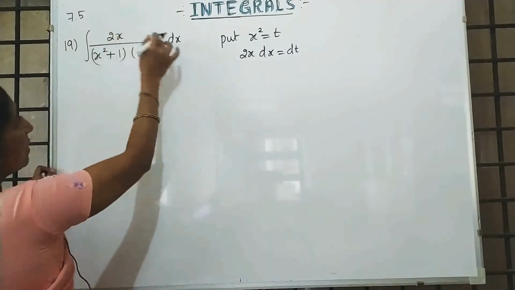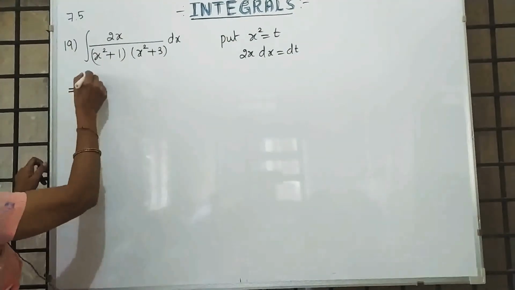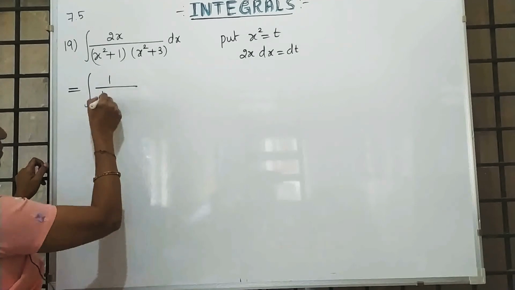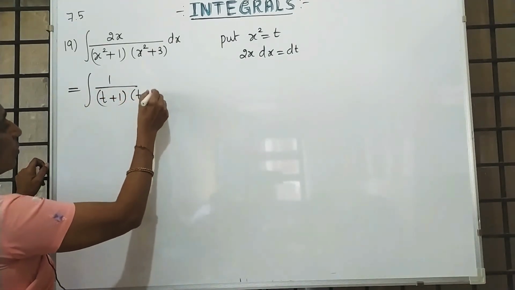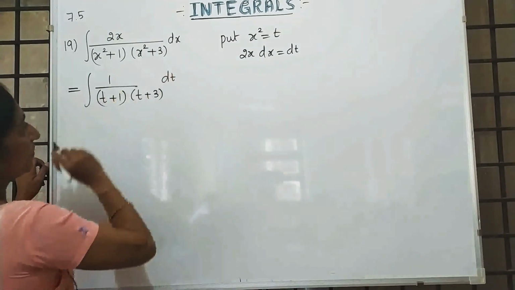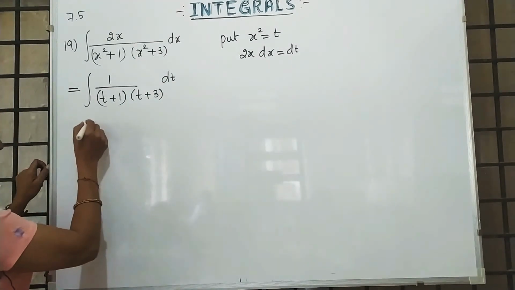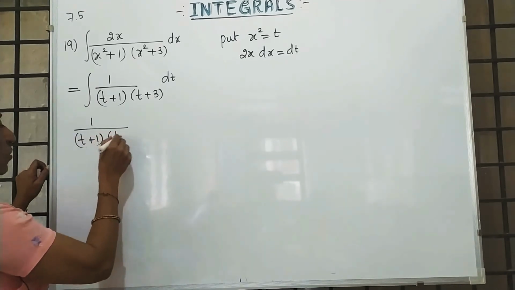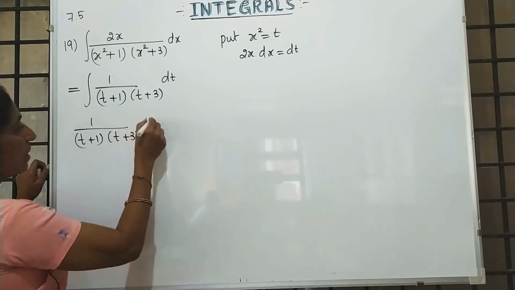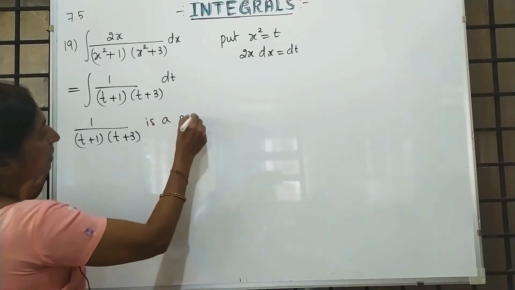We got 2x dx. So the given integration will be written as the integral of 1/((t + 1)(t + 3)) dt. Correct or not? Now 1/((t + 1)(t + 3)) is a proper fraction, but it is in terms of t.